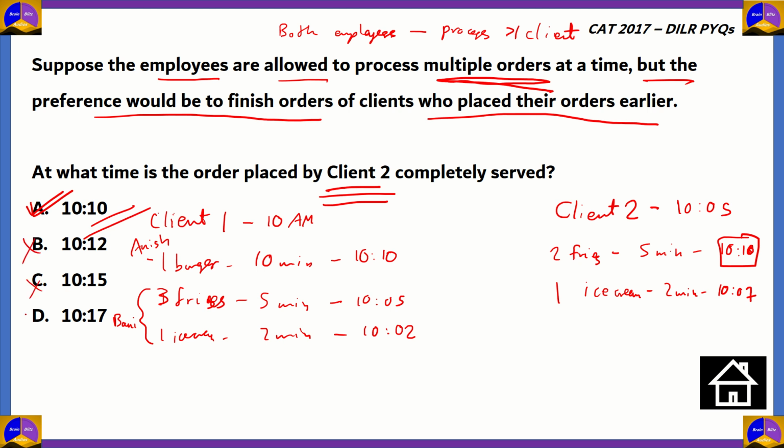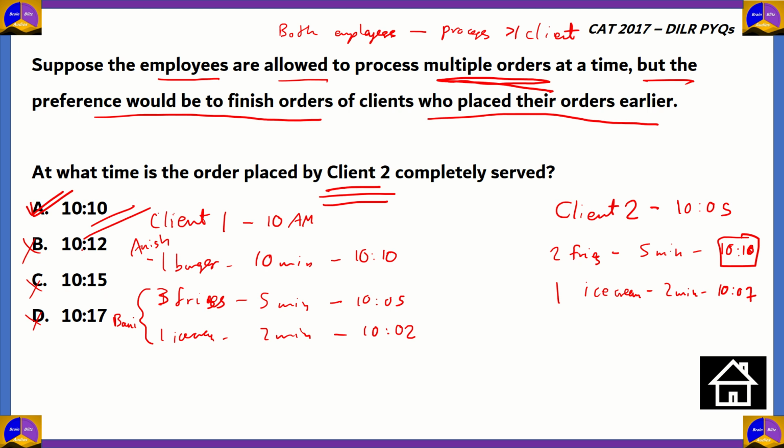10:12 is incorrect, 10:15 is incorrect, 10:17 is incorrect. Because if it was 10:15, then they would have to take a burger. 10:17 would mean 2 ice creams at minimum.